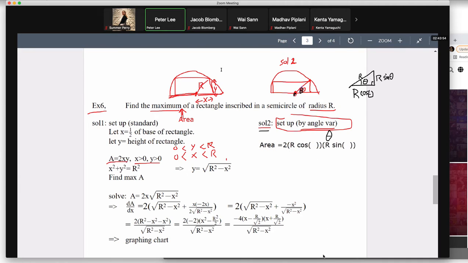So the area will actually be this right here. And if you apply the double angle formula, this becomes a function of theta only, one independent variable, no condition. So this will actually be r squared times 2 cosine theta sine theta, that's sine 2 theta.